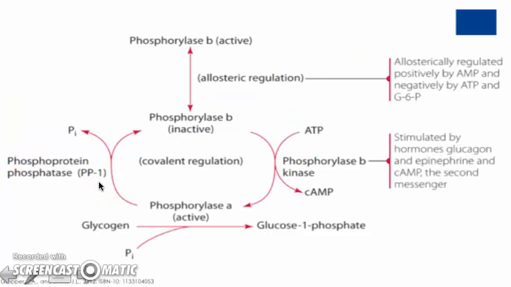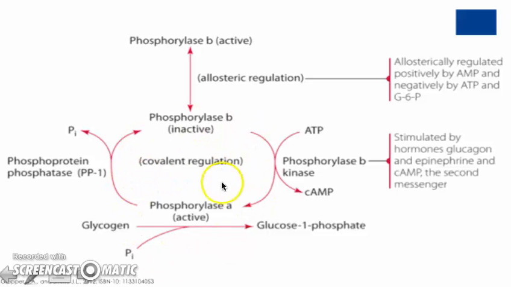This diagram outlines the two regulatory processes regulating the phosphorylase enzyme. We see the process of the covalent regulation and the allosteric regulation. We will first review the covalent regulation.